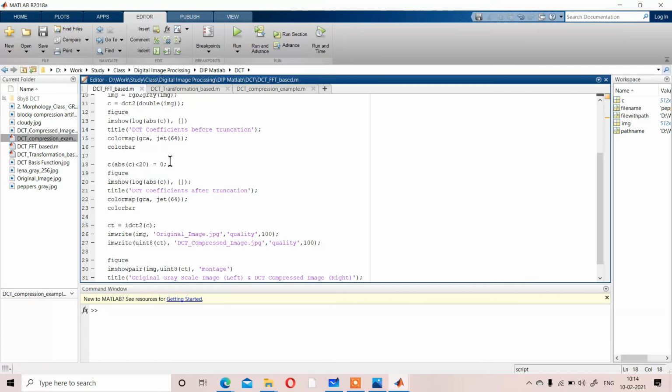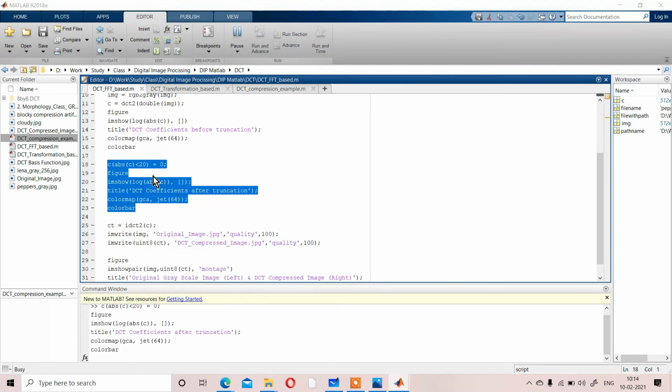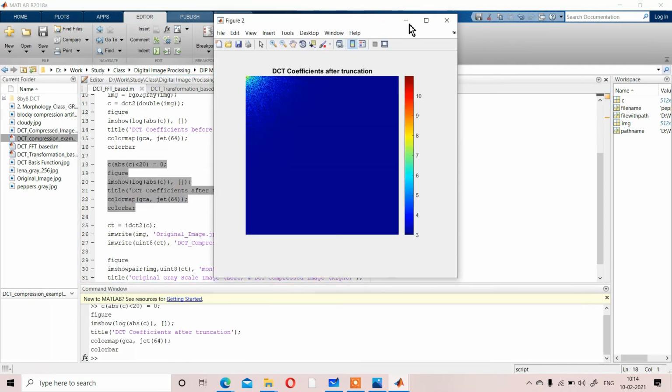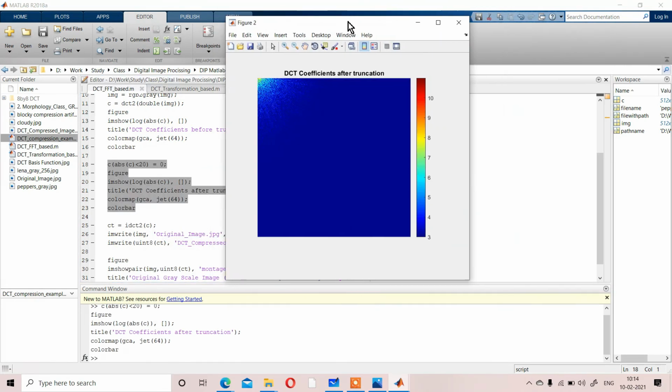Here the compression is happening, means we are making all the pixels that have intensity level less than 20 equal to 0. And then I am displaying that C, so that C will define the image where the compression has happened.